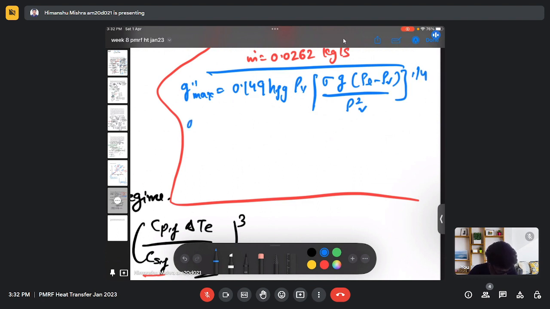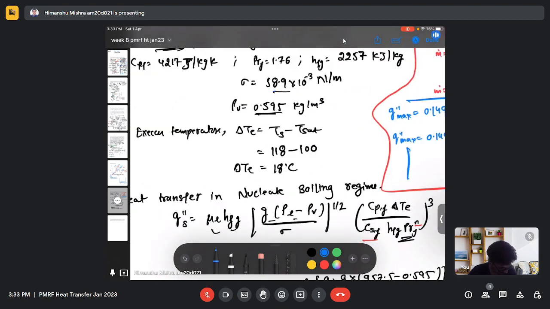So we just need to plug values into the above correlation. So this is my latent heat. My vapor density is 957, multiplied by surface tension coefficient 58.9.